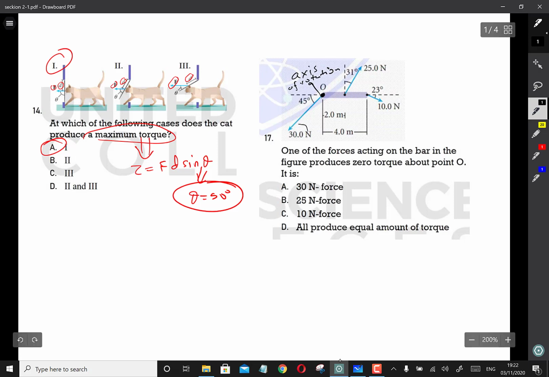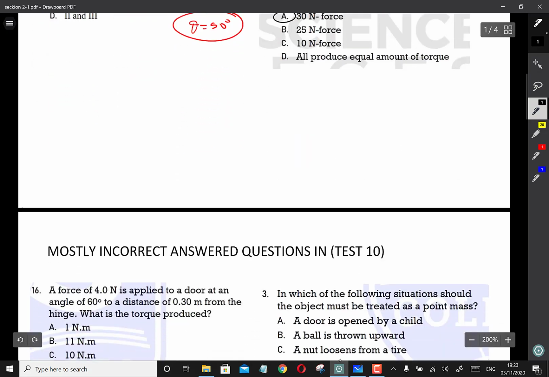As you see, the 30 Newton force is acting on the axis of rotation. So the 30 Newton force produces zero torque. But others cannot because they don't act on the axis of rotation, and even their extensions do not pass through it. That's why they will produce some torque, but 30 Newton will not.